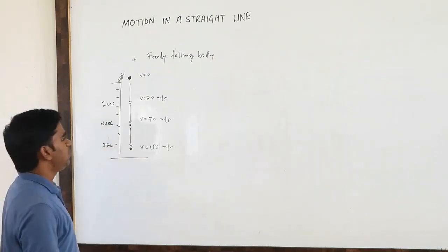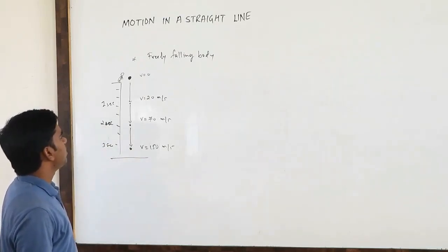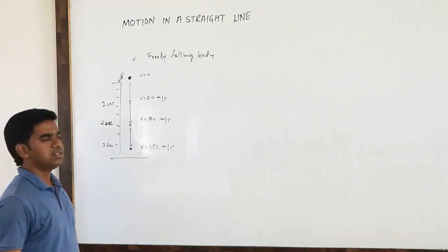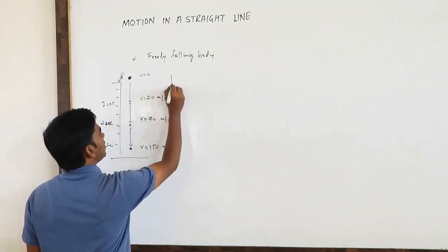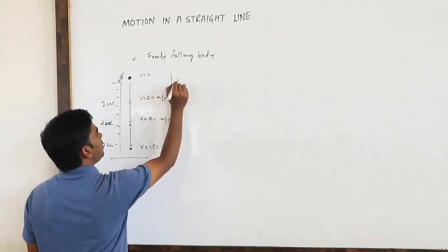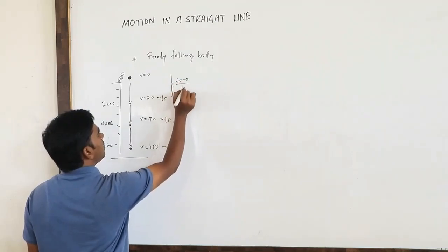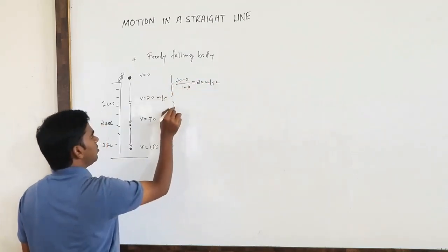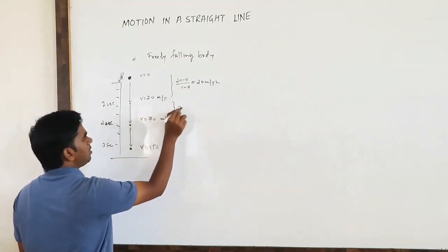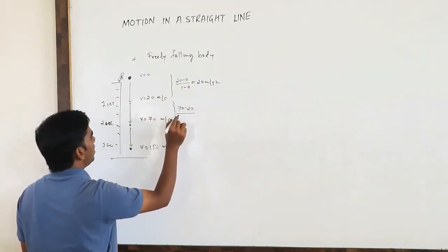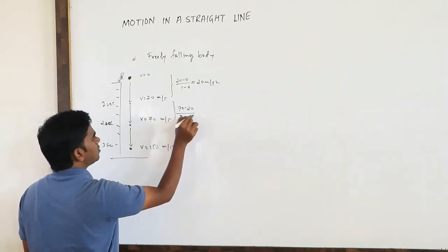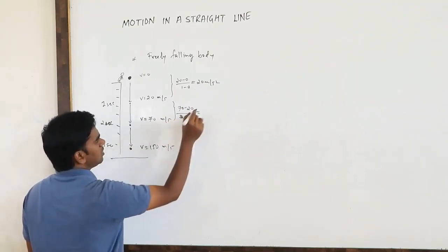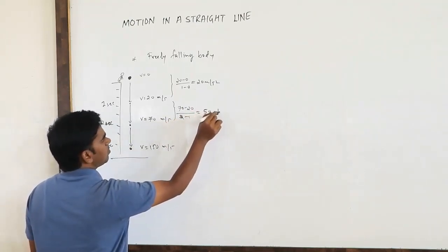Now, if you want to plot the graph of acceleration against time, what is the acceleration here? Acceleration is going to be 20 minus 0 divided by 1 minus 0, so it is 20 meter per second square. Similarly here, 70 minus 20 divided by 2 minus 1, so this is going to be 50 meter per second square.